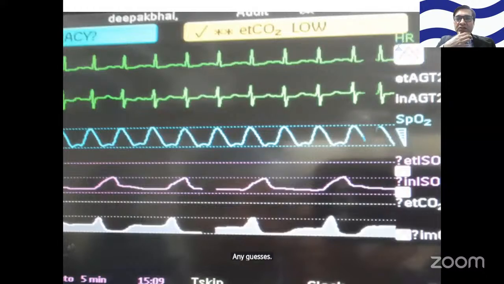You can write in the chat box. Spasm is one of the answers. No, spasm doesn't come at the end of expiration and beginning of inspiration.